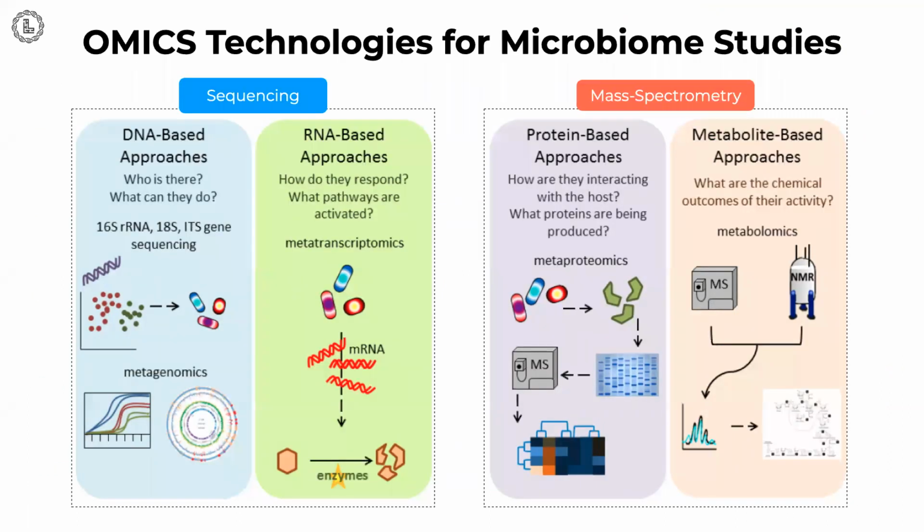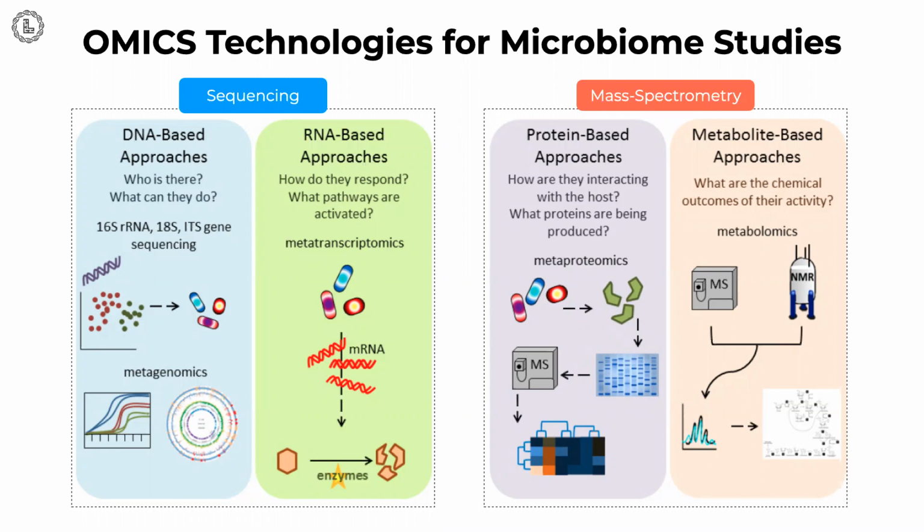So many of these questions can be answered using two types of technologies that we will review in this program. Primarily, we will be focused on next-generation sequencing. Next-generation sequencing allows us to study the composition or specific genomes and genes that are being expressed by microorganisms.